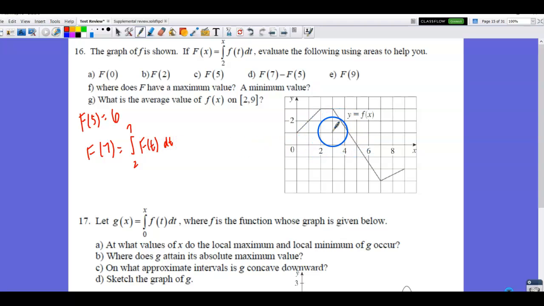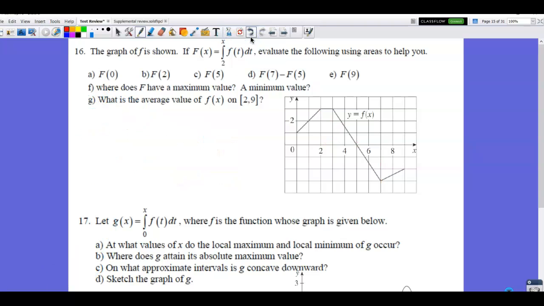So 2 to 5, all this from here to here was already 6. And now we're going to 6, 7 is here. So that is 2 by 1, 2, 3. So F of 7 is 6 minus 3 is 3. So F of 7, 3, minus F of 5, 6 is negative 3.